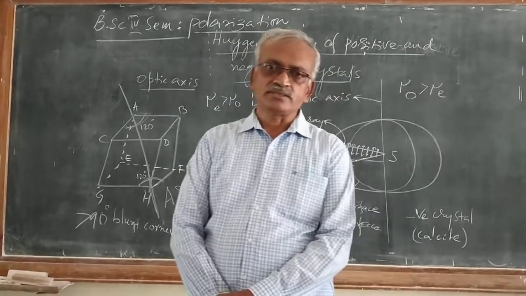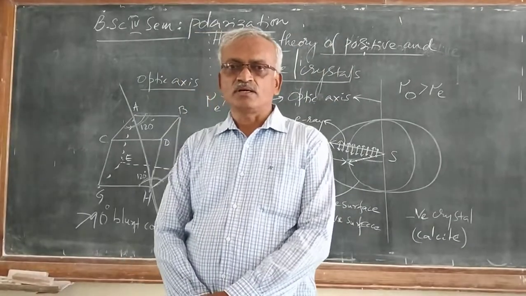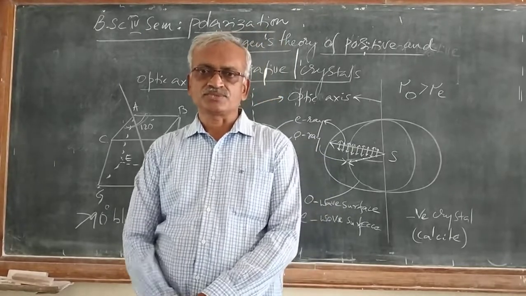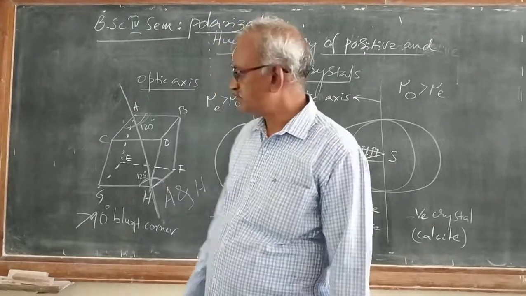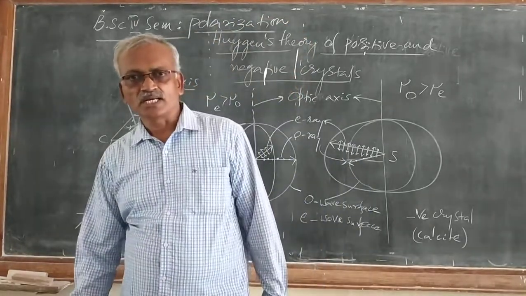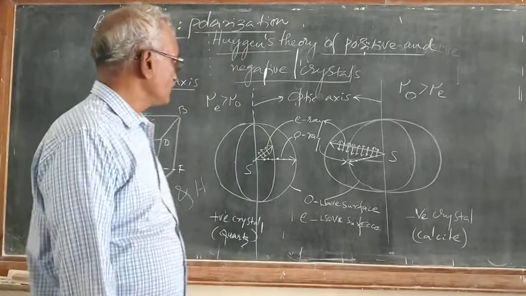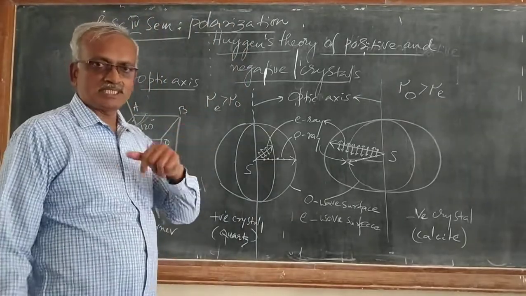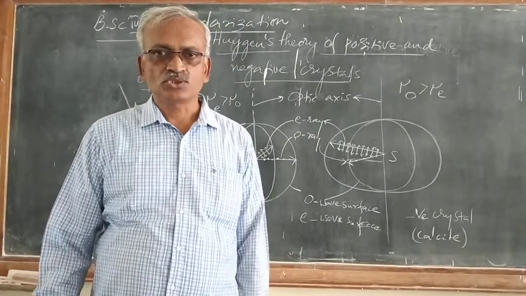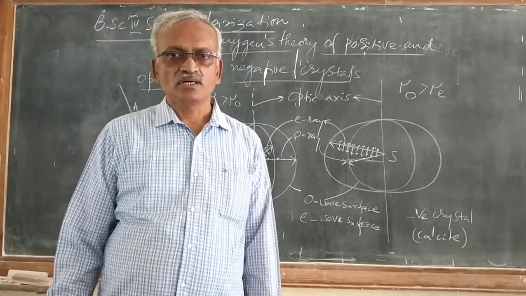So it is very important now to explain the ordinary ray and extraordinary ray, which come under polarization. So this is about the optic axis. After knowing the optic axis, we have to choose one method, that is the method of double refraction, by which we can produce polarized light.